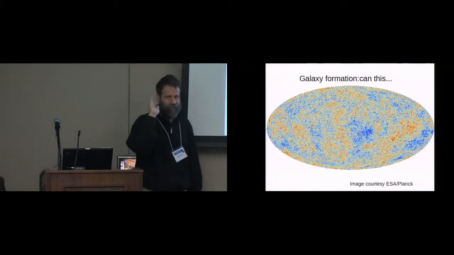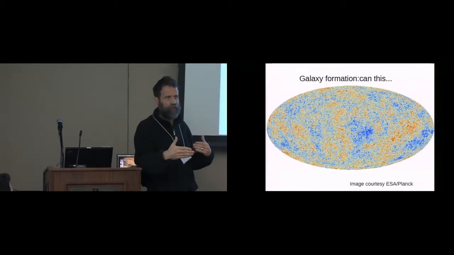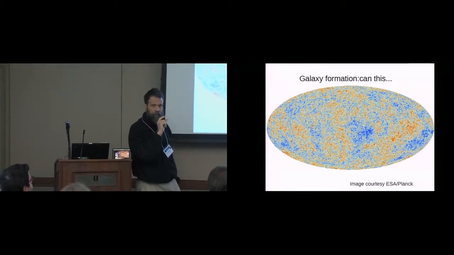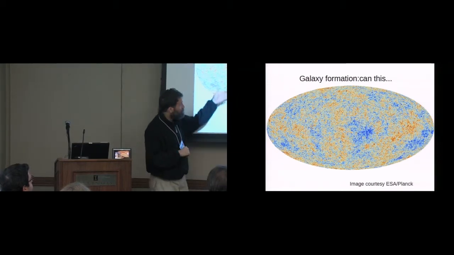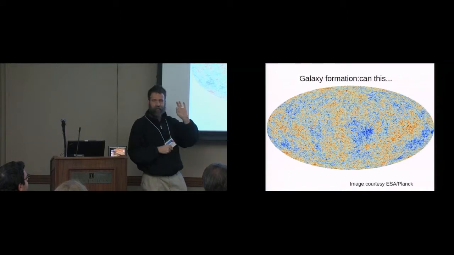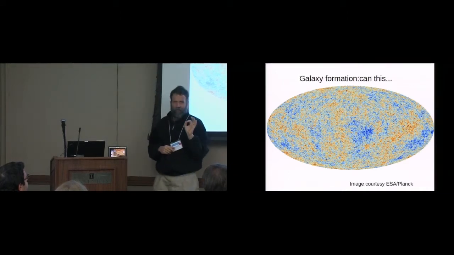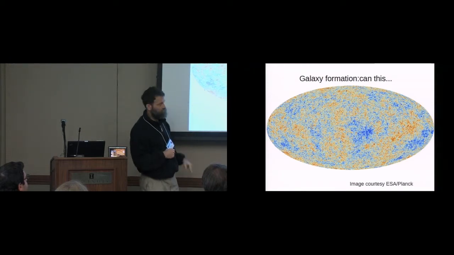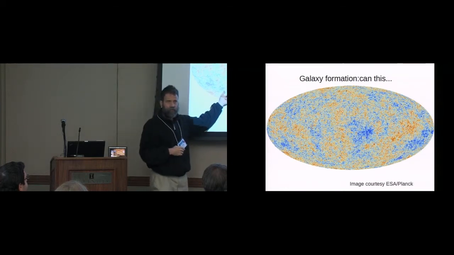So Ludwig gave a great overview of structure formation yesterday, so I'm just going to highlight a couple things. The image I have here is of the cosmic microwave background, a snapshot of the universe when it was only 380,000 years old. This is temperature fluctuations. The thing to note is that first, the angular scale of these fluctuations is determined, as you probably know, by the total energy density of the universe.